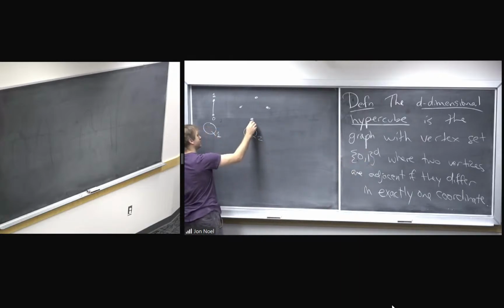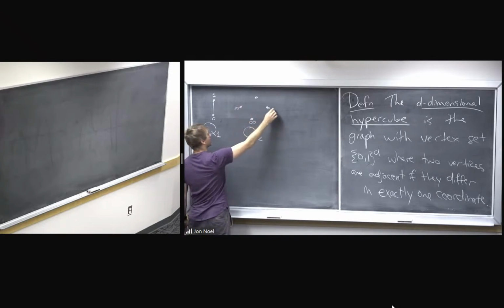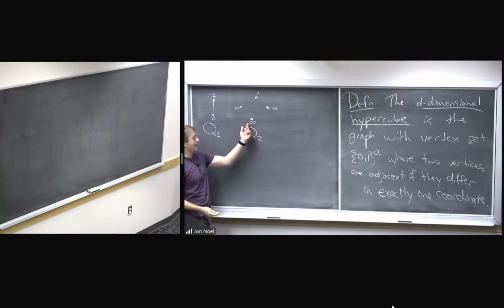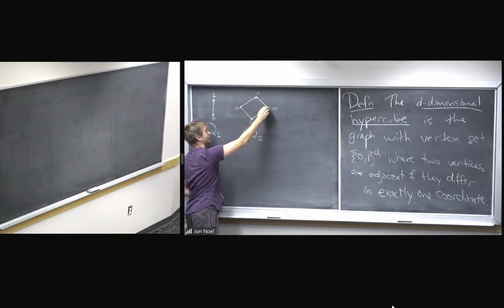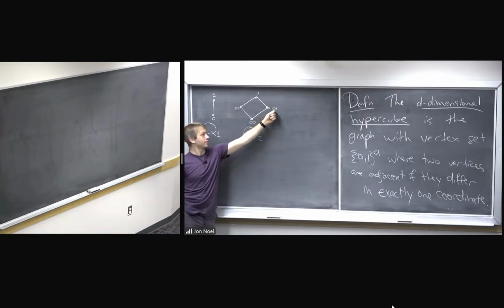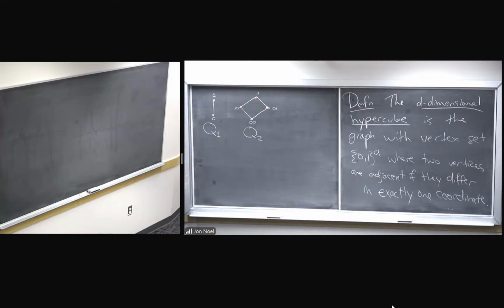Your vertices are 0 0, 1 0, 0 1, 1 1. I'm just going to write it by concatenating the symbols rather than writing it as vectors. The two 0 0 and 1 0 are adjacent because they differ in the first coordinate. These two differ in the second coordinate. And that's kind of how it looks.